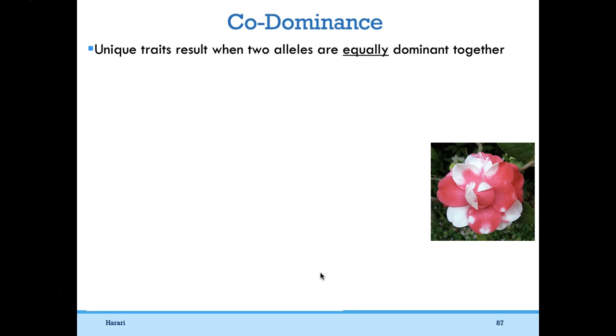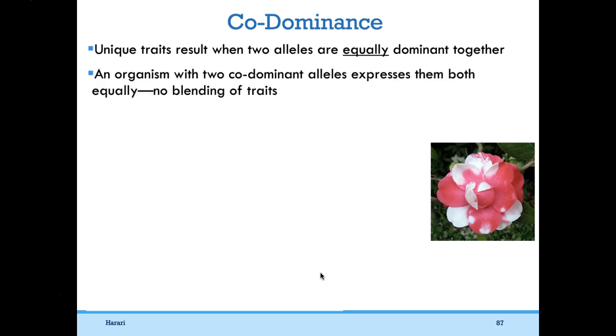Let's start with codominance. We see unique traits result when 2 alleles are equally dominant together. Up until this point, we only showed that one allele is dominant over the other. But an organism might have a trait that has 2 codominant alleles.